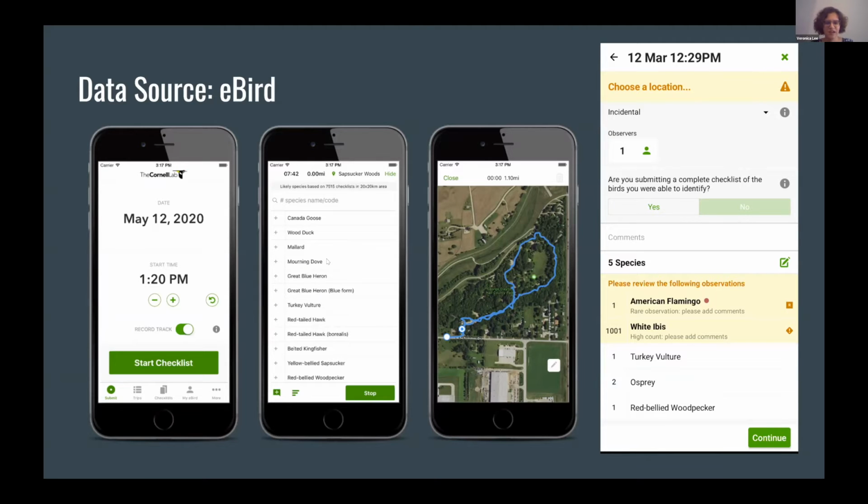Maybe you report you saw 5 mourning doves, you saw 1 turkey vulture. And then eBird records additional metadata specifically for that checklist, such as a geographic point location to represent each checklist. Additionally, all eBird checklists go through an automatic verification process. Here's an example of a checklist that has been flagged for having unusual observations.